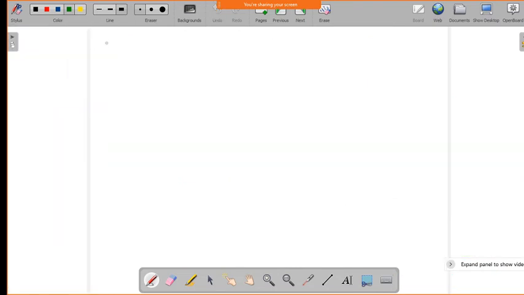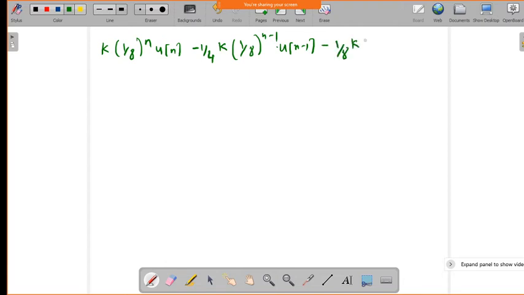So if you do like this, you will get the solution for the k value. That is k into 1 by 8 power n into u of n, minus 1 by 4 k into 1 by 8 power n minus 1 into u of n minus 1, minus 1 by 8 k into 1 by 8 power n minus 2 into u of n minus 2, which is equal to 1 by 8 power n into u of n plus 1 by 8 power n into u of n minus 2.